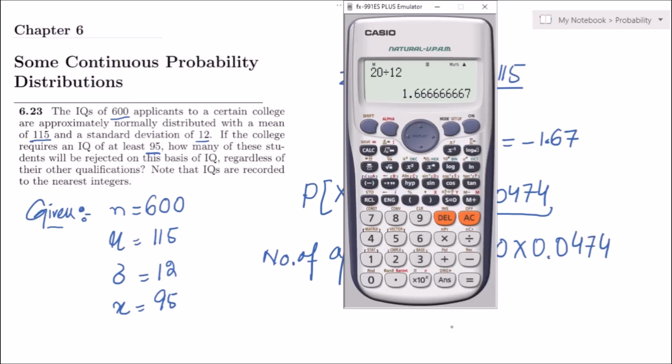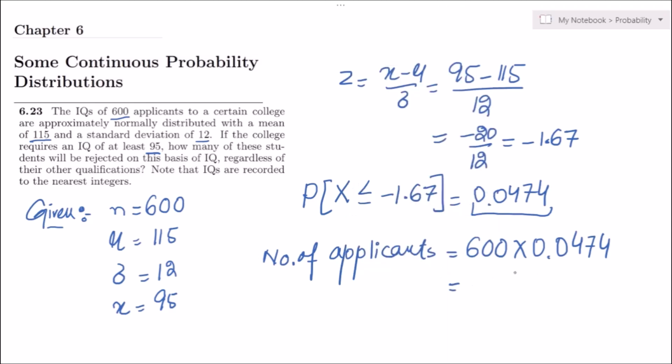Let me multiply it: 600 multiplied by 0.0474, so this is 28.44, or around 29 students. So the answer is around 29 applicants who will be rejected because their IQ is below 95.